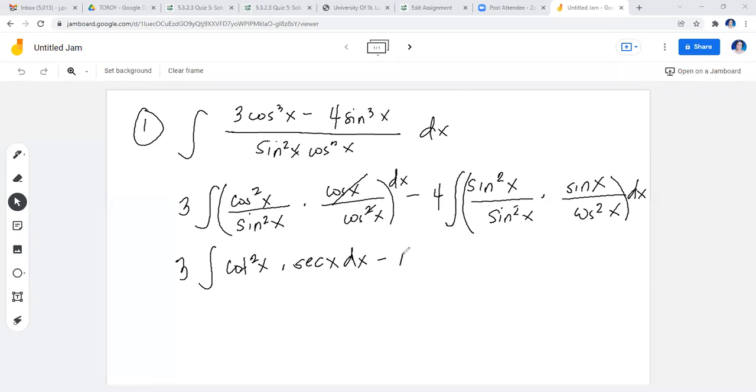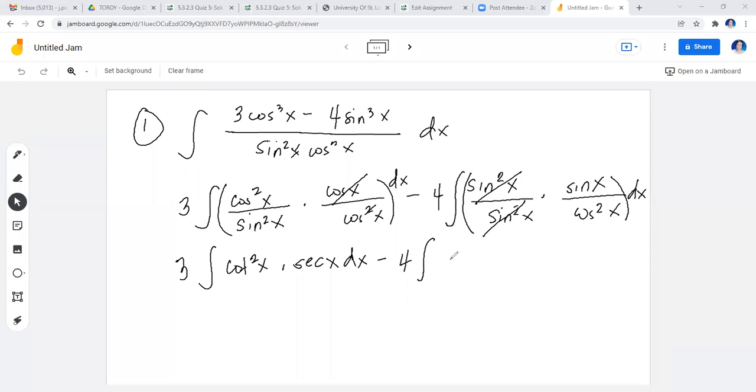Now the second, we have 4 integral of, this is 1, right? Now you have sine x over cosine x. I'll write it in this form, class, so you would see. I'll write here cosine squared x, but it's negative. Cosine of x raised to negative 2. Or I will place it like this so you will not be confused.